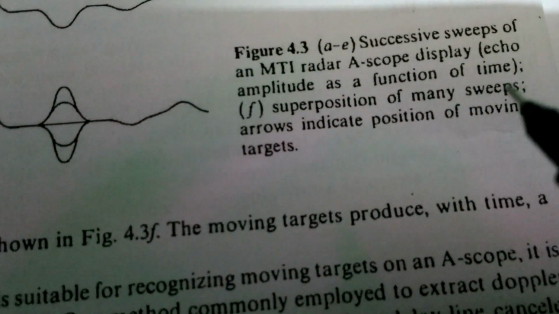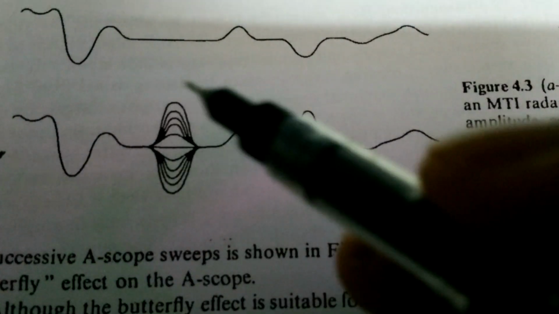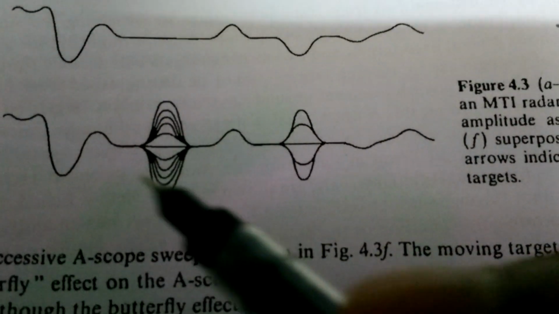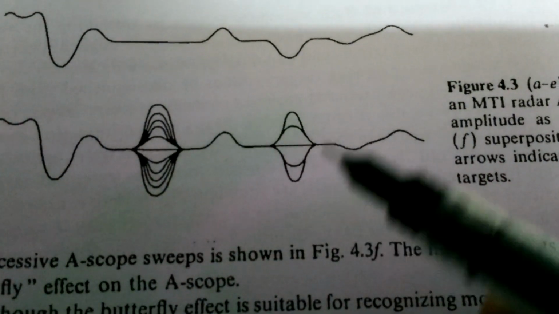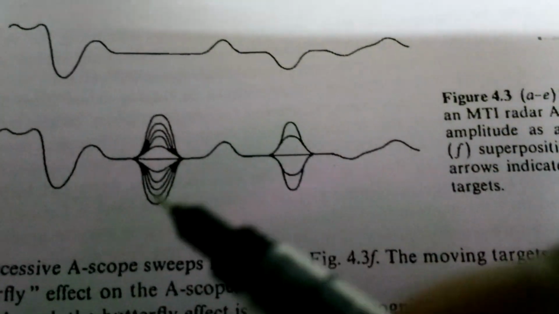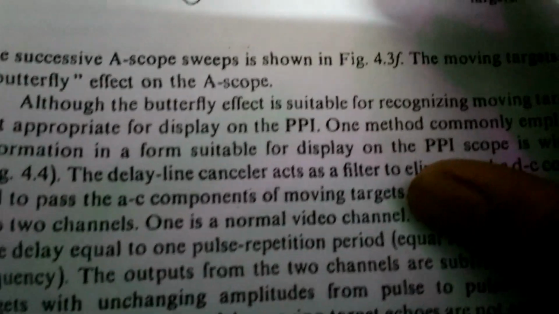If you observe the name of the figure, it is superposition of many sweeps. If there is a superposition of many sweeps like that, what should you do? You have to suppress these DC components and allow only the AC components, and also suppress one polarity, either the positive or negative polarity. That means you have to convert this bipolar into unipolar, right?